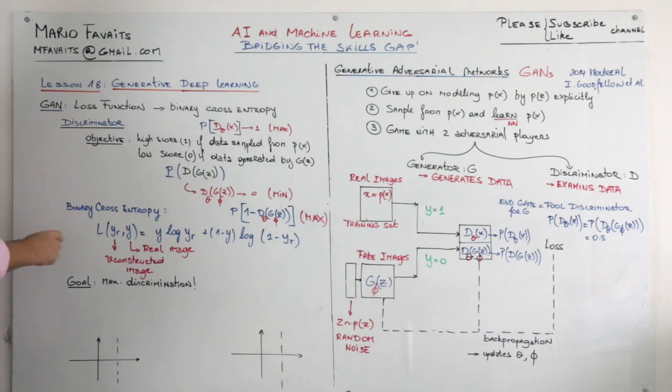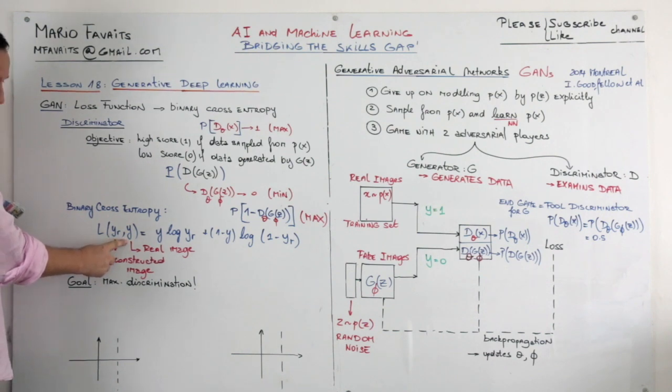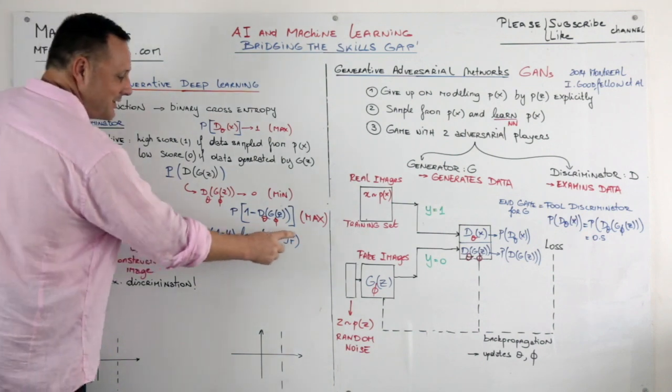Alright? So the formula of binary cross-entropy we've first seen a while ago when we discussed logistic regression. And basically your loss is the difference between your reconstructed image and your real image. And that was the formula that we derived.